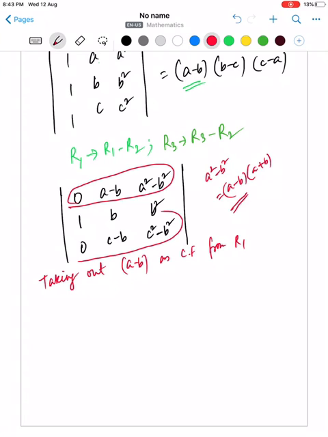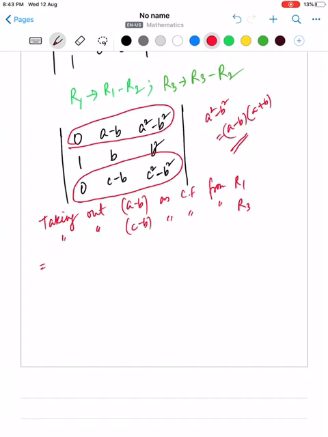Now look at another one. Again, we have C minus B, yes or no? Yes, sir. So taking out C minus B as common factor from row 3. Let us see what we have. We have the determinant equal to A minus B, C minus B, and we get what?